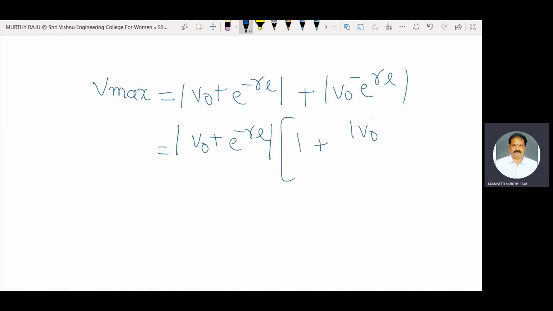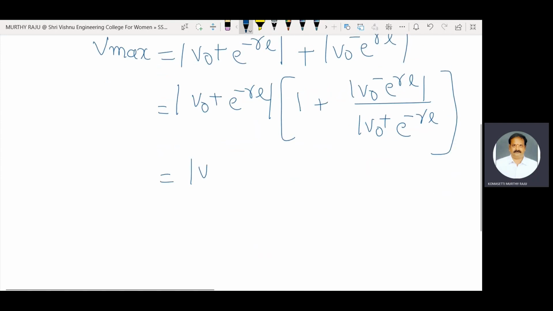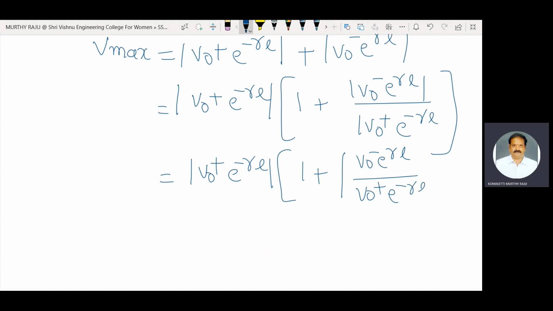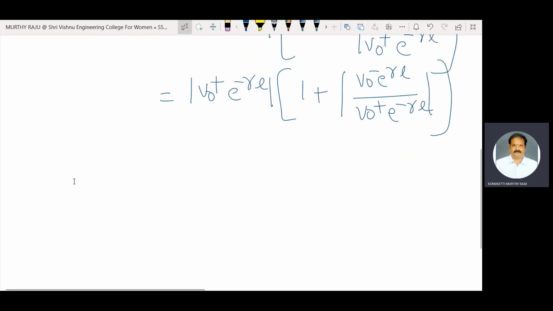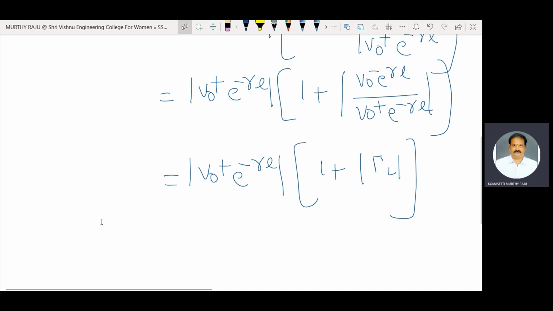So V maximum is equal to mod V0 plus e power minus gamma L times 1 plus mod V0 minus e power gamma L by V0 plus e power minus gamma L. That is equal to mod V0 plus e power minus gamma L times 1 plus mod reflection coefficient tau L. This one is V maximum.